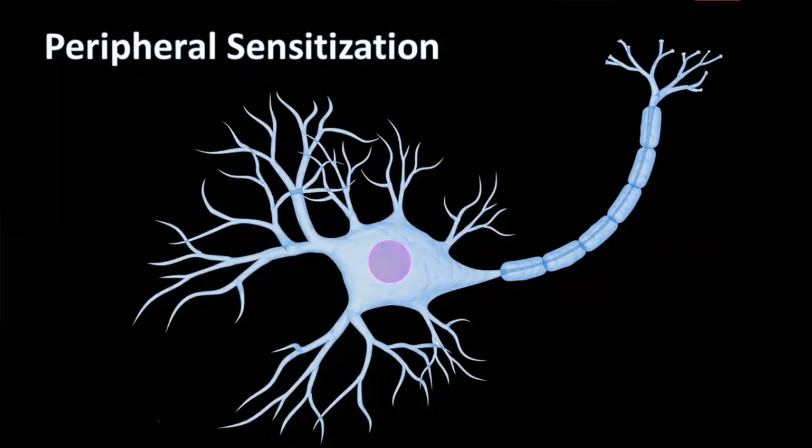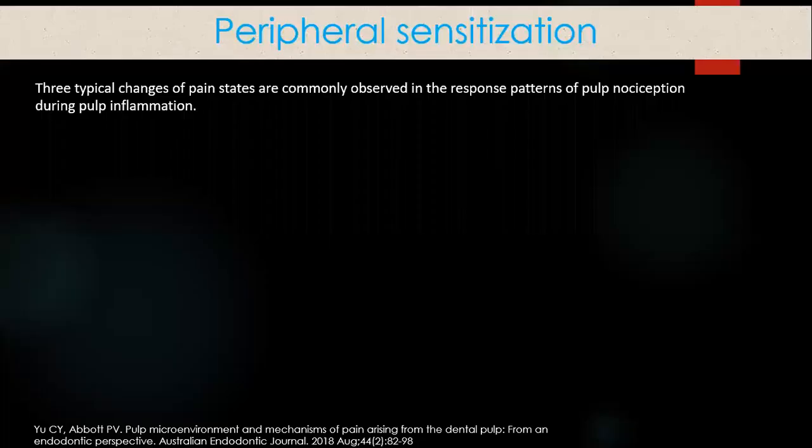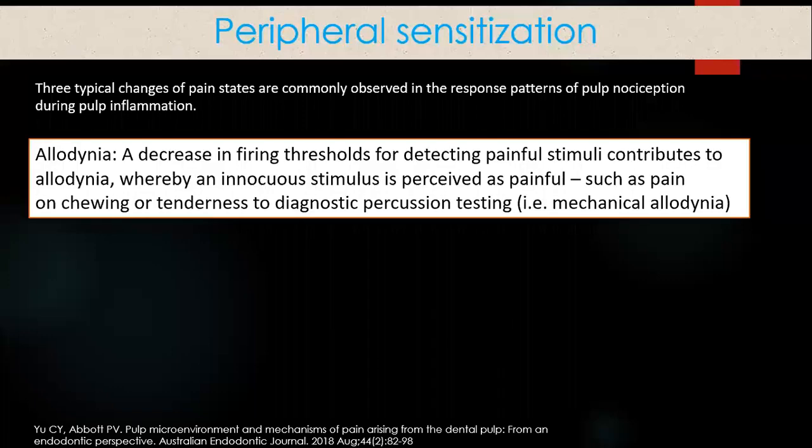So how this is represented clinically is by allodynia, that is, decreasing the firing thresholds for detecting painful stimuli. So there would be pain and tenderness on percussion, on chewing, and on diagnostic percussion. The most common complaint the patient will come with is, oh, I cannot eat on this side, as soon as I chew I have pain.